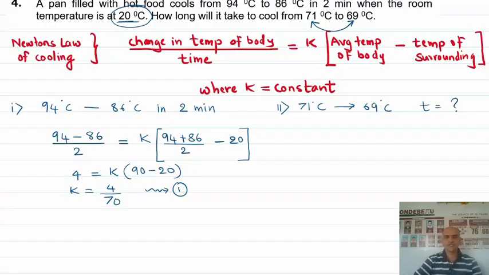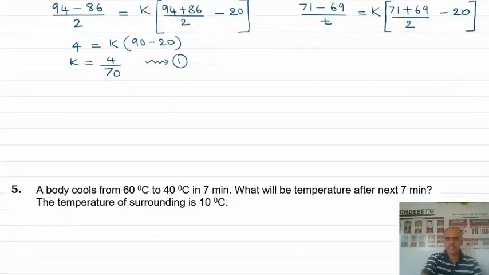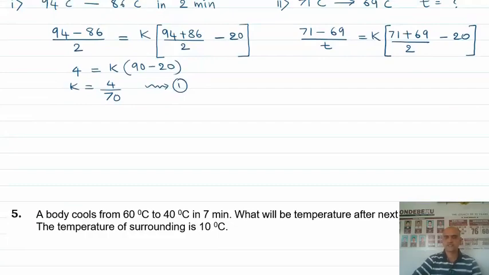Again, if you substitute in the above formula, it will be 71 minus 69 divided by t is equal to K into bracket average 71 plus 69 by 2 minus surrounding, which is 20. Surrounding is 20. Now simplify. 71 minus 69 divided by t, so you'll have 2 by t.